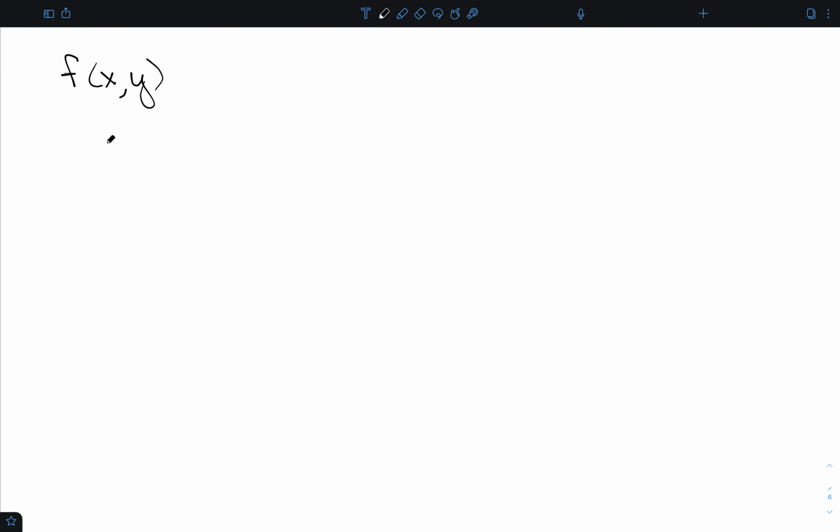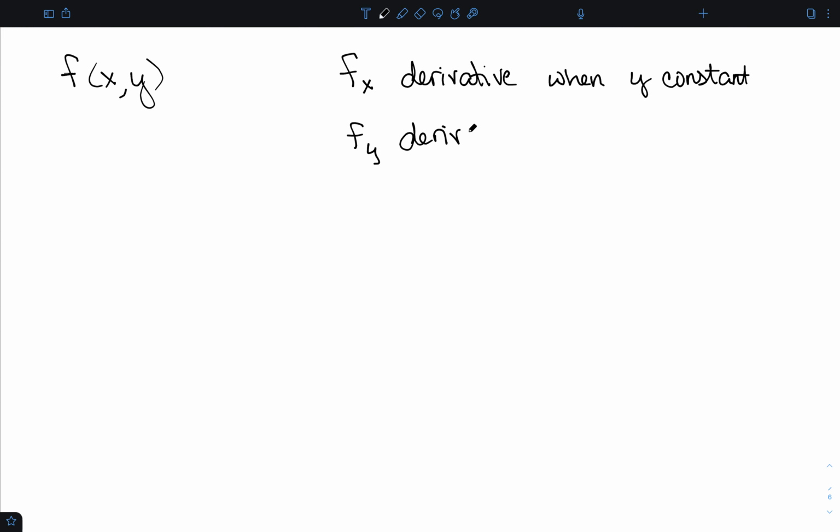In other words, if we have a function f of x y, f sub x is the derivative when y is a constant. Then we take the derivative with respect to x. f sub y is my derivative when x is a constant. I treat x like a constant and take the derivative with respect to y. And these are my partial derivatives.